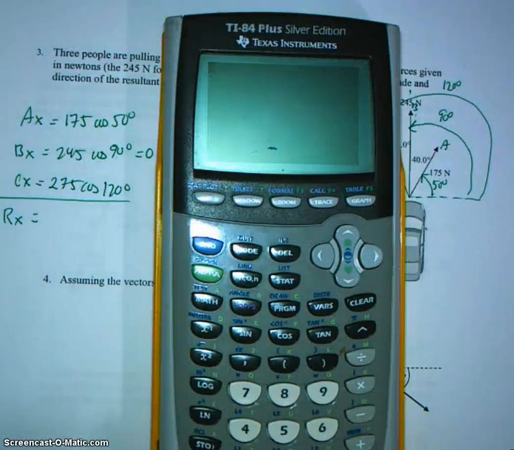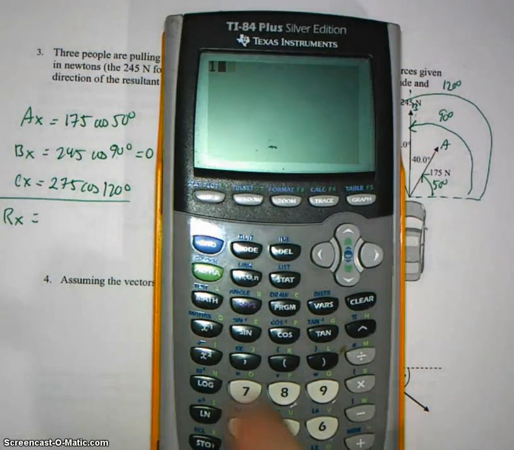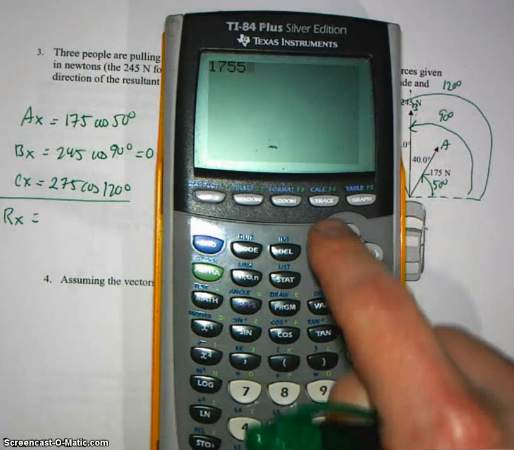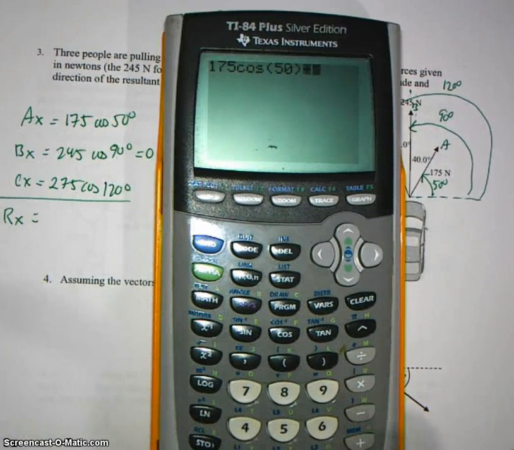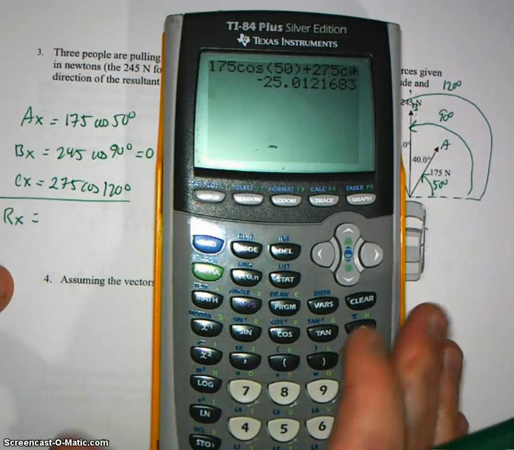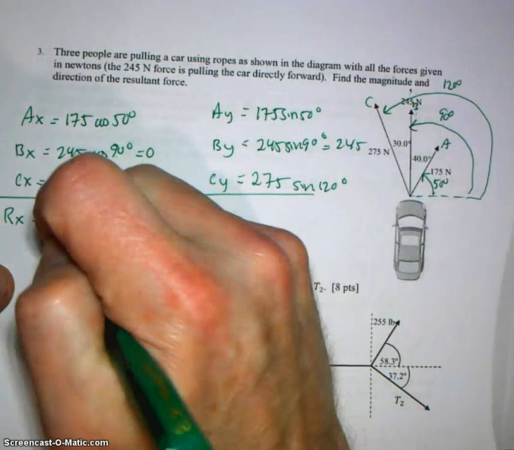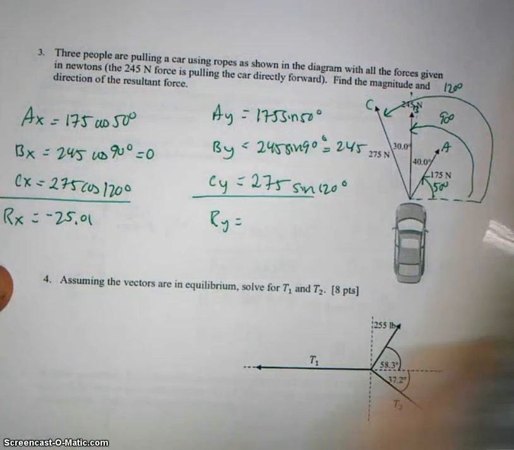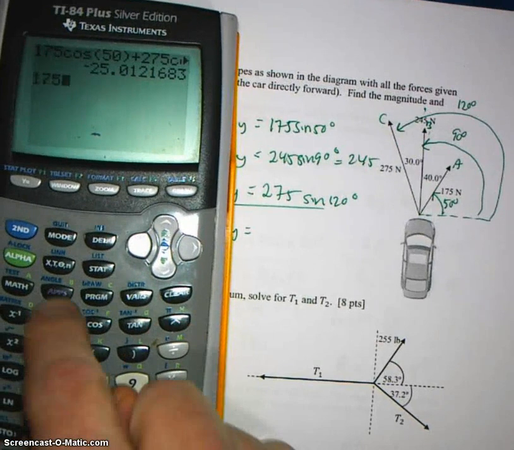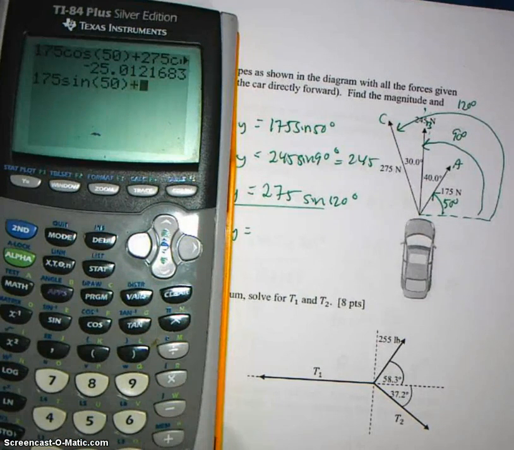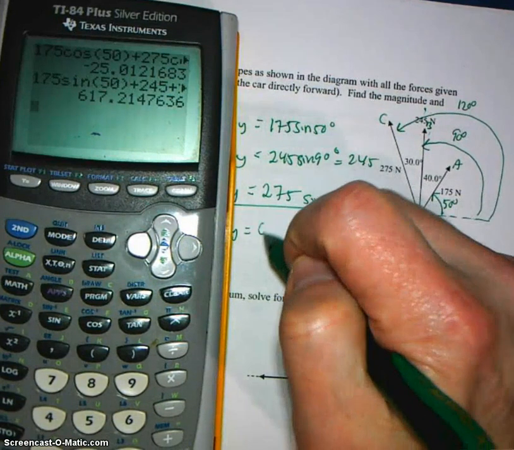All right, adding these together, 175 cosine 50 plus 0, I'm not going to do that one, plus 275 cosine 120, negative 25.01. And doing the y's, 175 sine 50 plus 245 plus 275 sine 120 is 617.21.